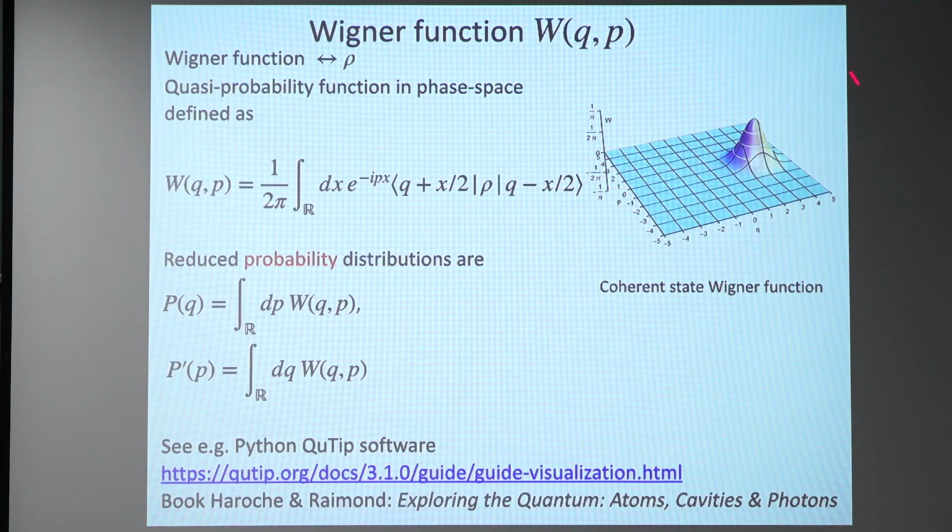And so these are often used to plot what happens. Right? So you can start with a coherent state Wigner function. And if you apply photon loss, you'll just go to the vacuum state and it will be a Gaussian blob around the vacuum. And the Python software is, I think, quite useful with all these tools.